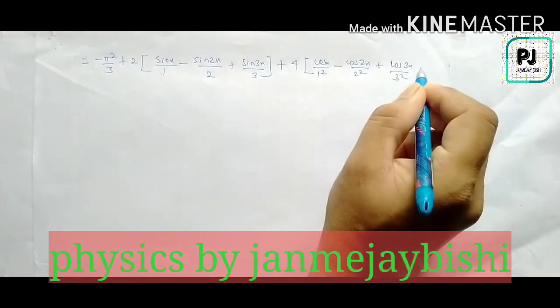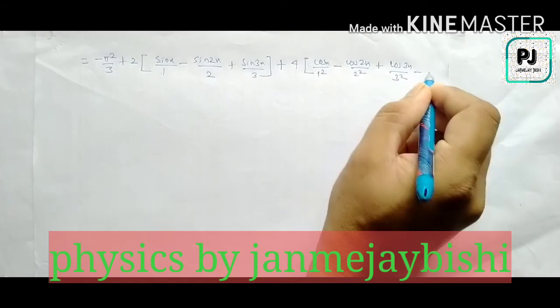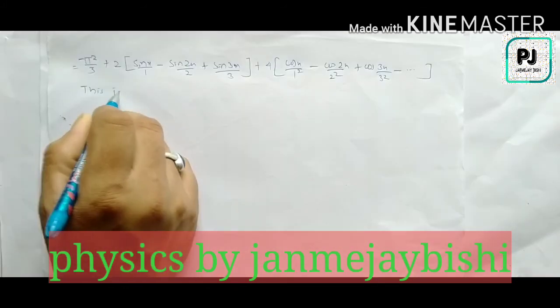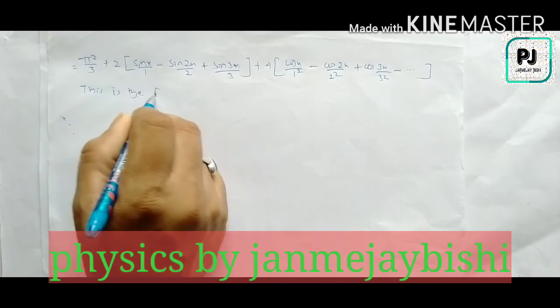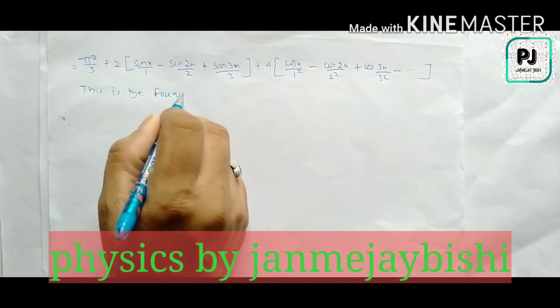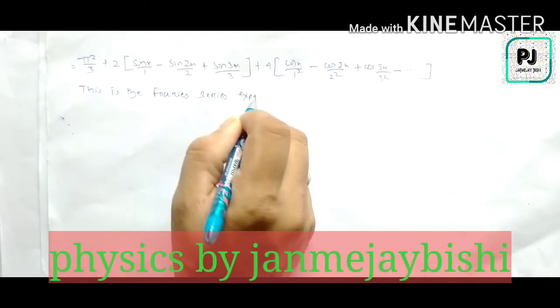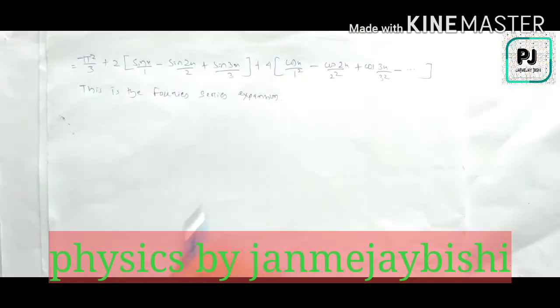This is minus, this is plus, so it will again be minus. This is the Fourier series expansion.